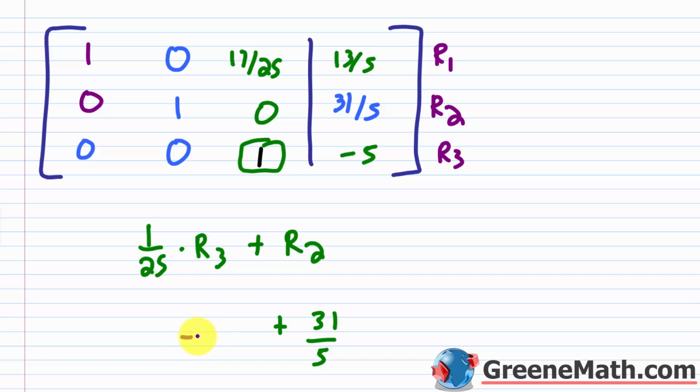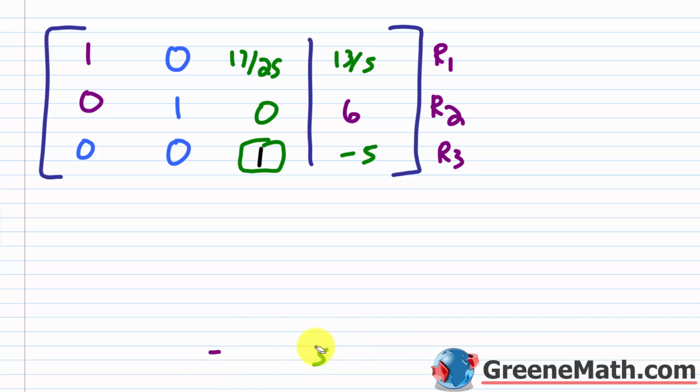So this would be negative 1/5, okay? So plus 31 fifths would be 30 over 5, which is 6. So this is 6. So we know z is negative 5, and we know y is 6. Let me just write that as we're doing this. So we know z is negative 5. We know y is 6, okay?